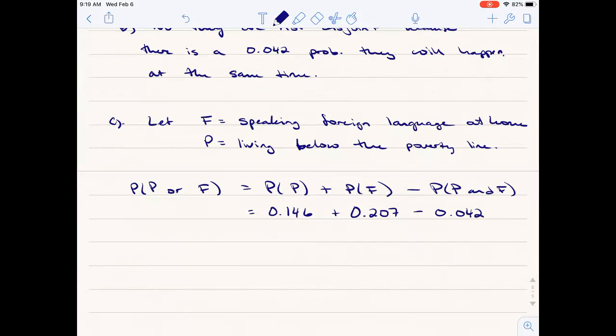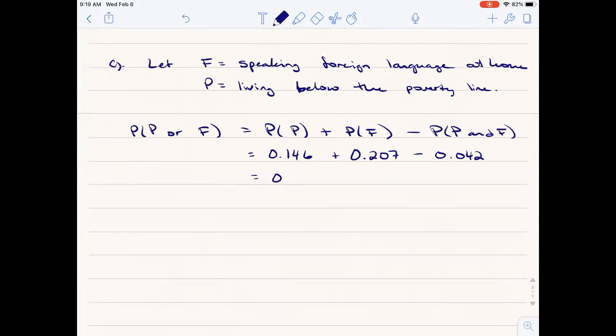So we get 0.146 plus 0.207 minus 0.042, which is 0.311. I'd say that's the easiest way to find the solution just because it has the formula, but however you want to find it, if you want to use the tables and kind of match up and add up probabilities, that works too.